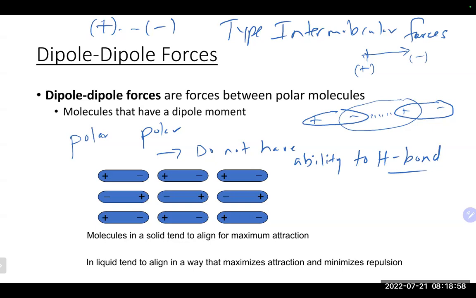This is the main way that they interact with themselves and other polar molecules. So when we talk about these intermolecular forces, we are talking about how they interact with themselves, so two molecules that are the same compound, and also how they can interact with other polar molecules as well. So it can be interacting with the same molecules and different molecules as well.